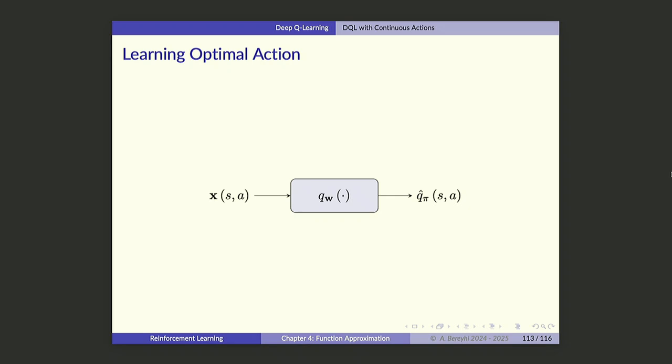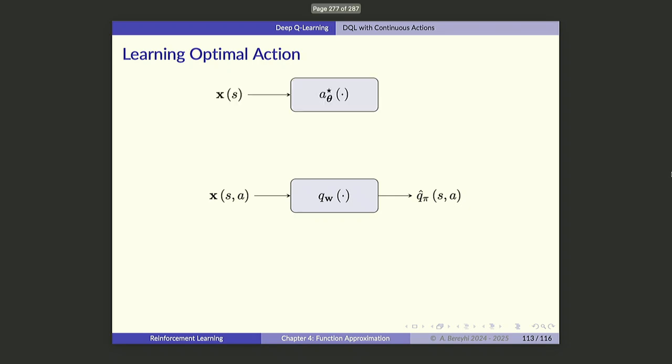But the issue is that I cannot maximize it over A anymore, right? Now, say I figure out a way to train this network, and it works fine. The only question is, if I look at one particular state, how do I know the action which is maximizing the value?